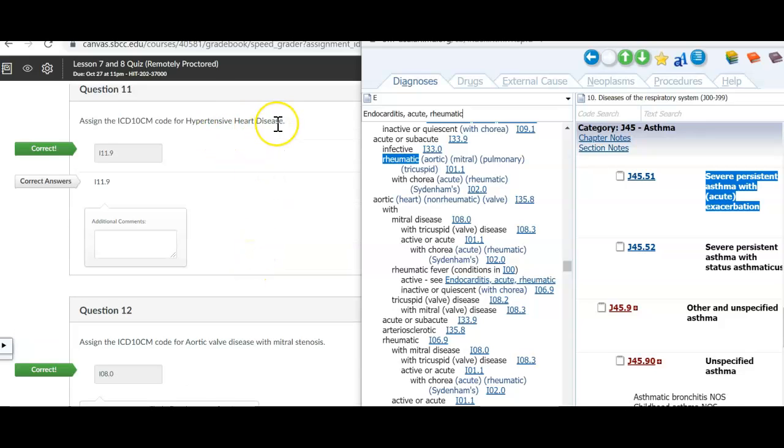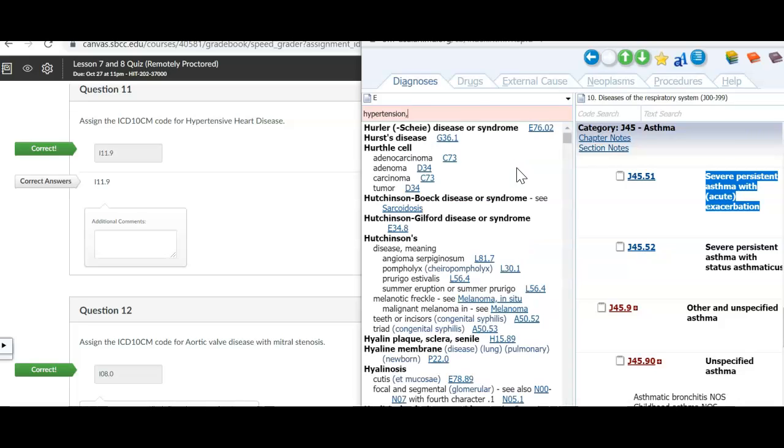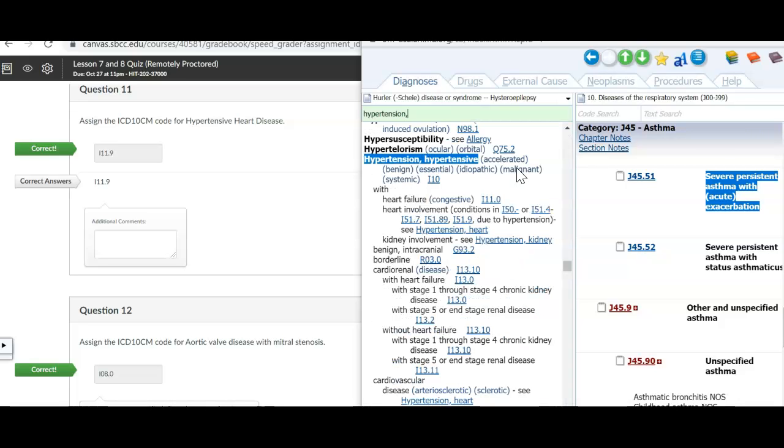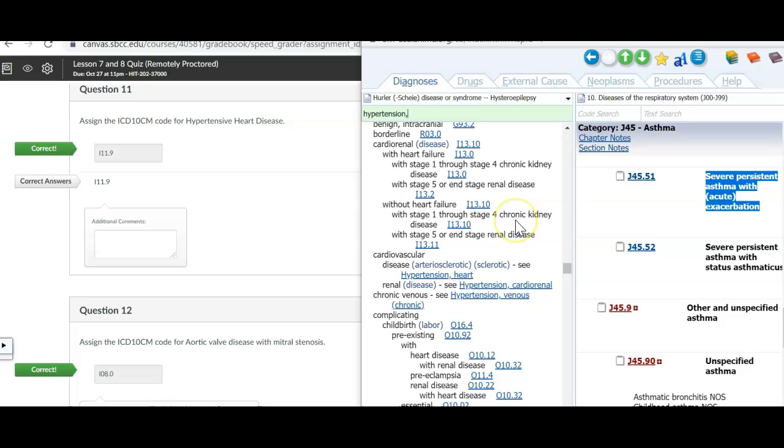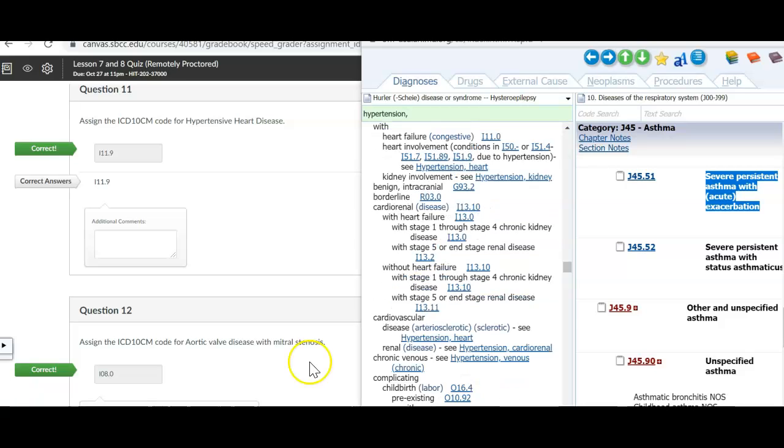Okay, hypertensive heart disease. With this one, keep in mind, you're going to have to go to hypertension. And then you're going to want to go to with, with the heart.